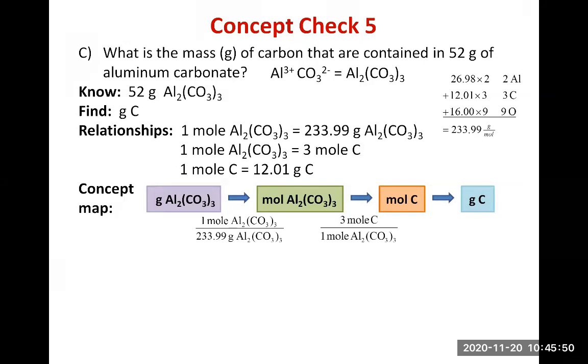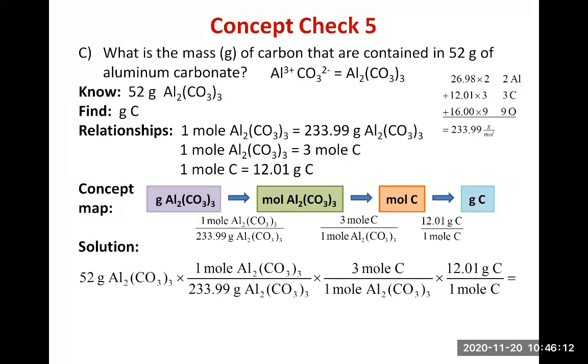So 1 mole of aluminum carbonate will be on the bottom, and the 3 moles of C per mole of compound will be on top. Next, you want to cancel moles of C. So the molar mass of C will be grams on top over the moles, so that we can cancel moles of C. So let's see all of that together in the solution.